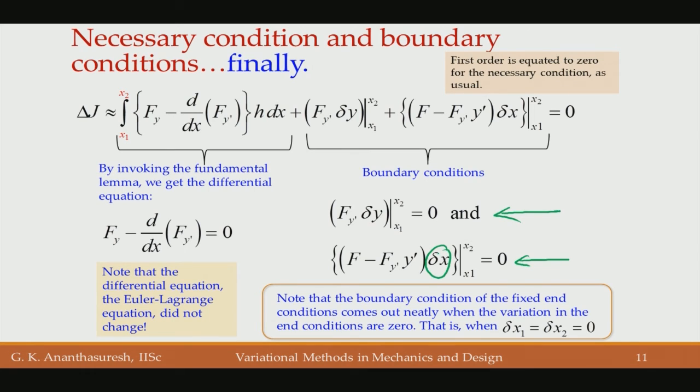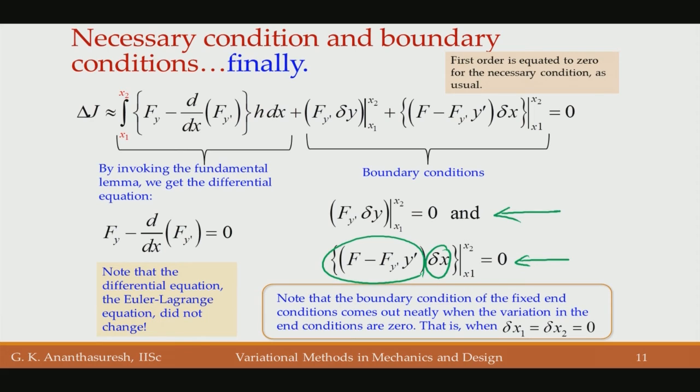It is valid for this and the specific case we discussed so far in calculus of variations, where ends are given. When ends are given, delta x is 0, and so it is satisfied. If it is not given, what will be 0 is that f minus f prime times y prime is equal to 0. Okay.